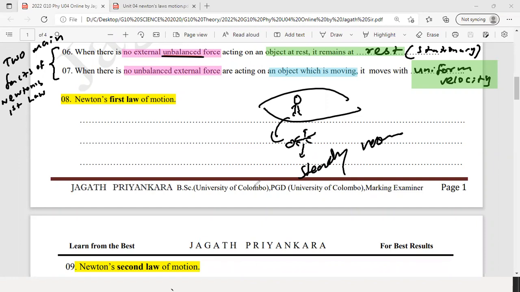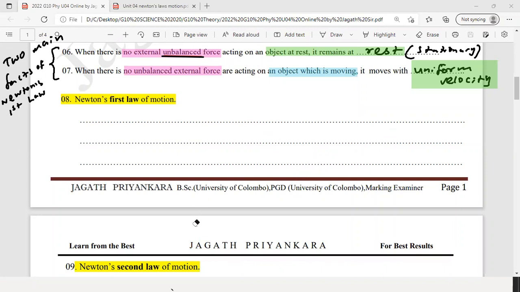Okay, now let's write Newton's first law. You have to remember this. There are three laws, and this is the first law.